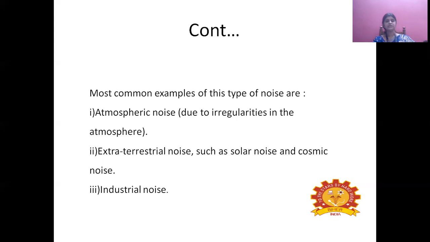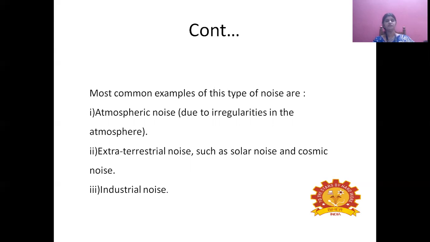Next one is the extraterrestrial noise, such as the solar noise and the cosmic noise. This solar noise is due to the radiation from the sun, and this cosmic noise is due to the radiation from the stars. These kinds of radiations also travel along with the information, which degrades the information.